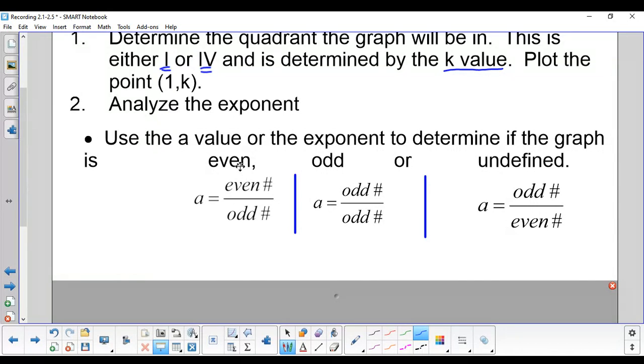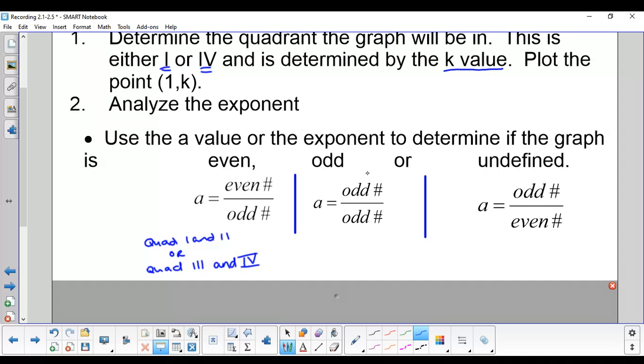So recall, if it is an even number over an odd number, then we have an even function. This means that the graph will either be in quadrants 1 and 2, or the graph will be in quadrants 3 and 4.